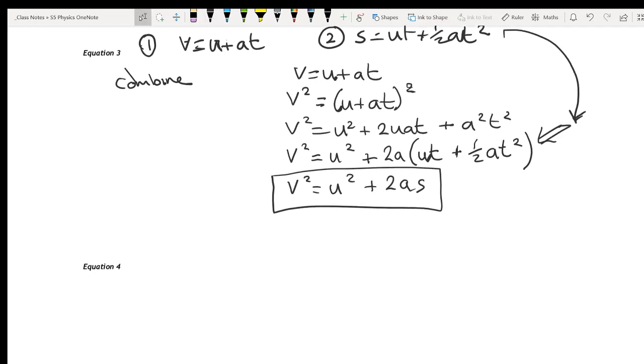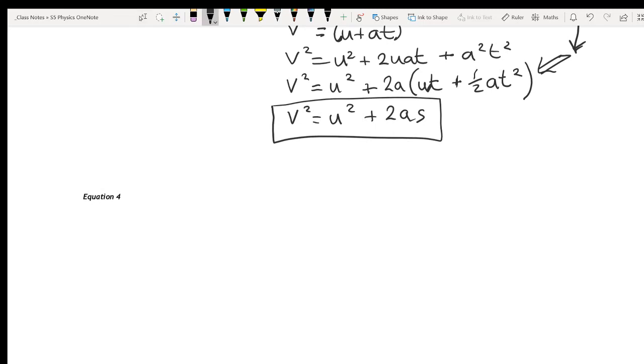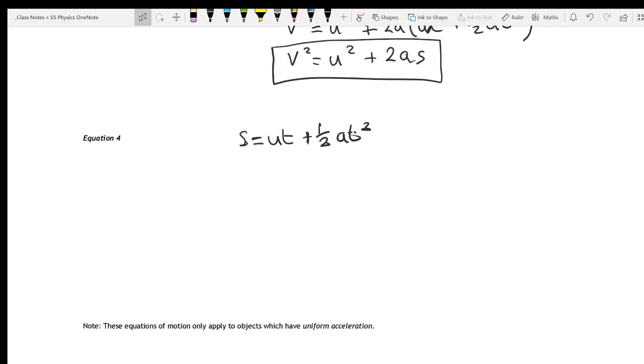Okay, and equation 4, we start with equation 2 again. So s equals ut plus half at squared. That should be a 2, not a 3.